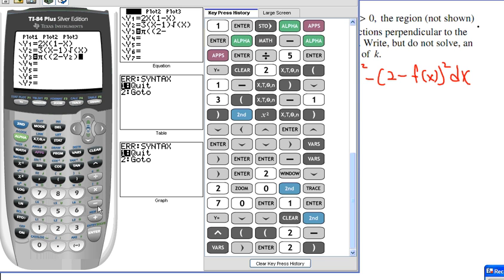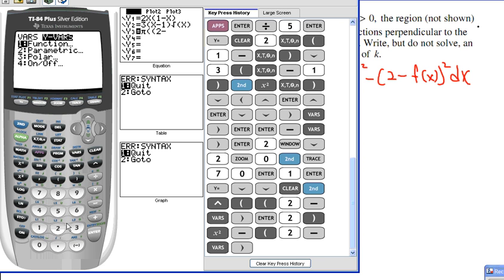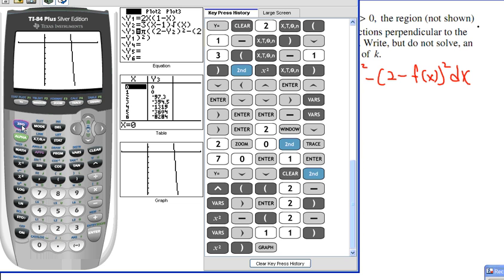We got to square that, minus the smaller radius, which is 2 minus y sub 1, squared. All right, close the parentheses. So that's basically what we have: outer volume minus the inner volume, making a whole. Now we're going to graph that one more time, and we know that the boundaries are from 0 to 1.